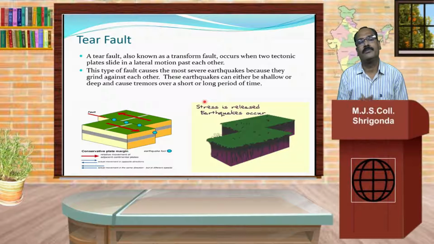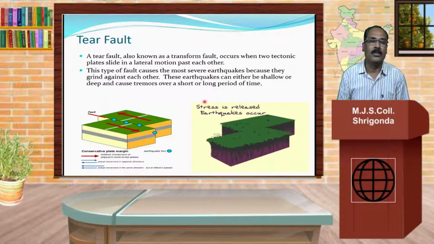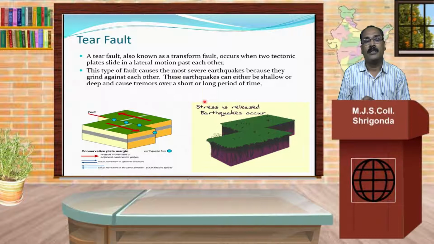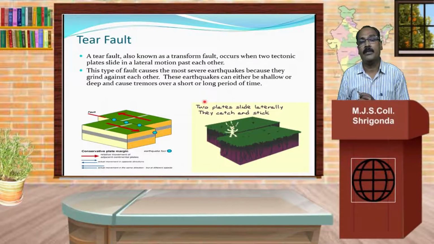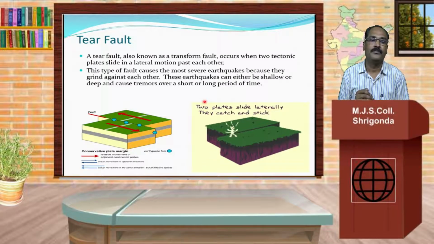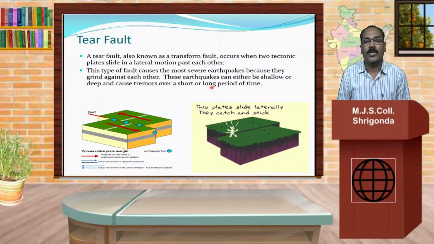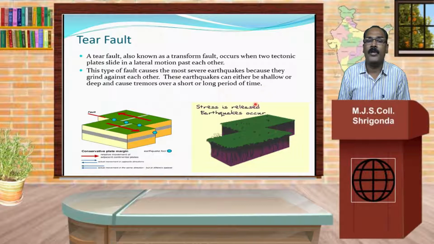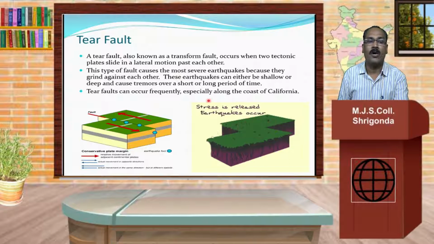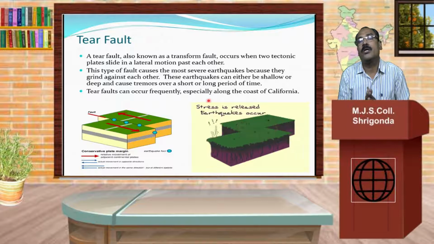These types of faults cause the most severe earthquakes because they grind against each other. These earthquakes can be either shallow or deep and cause tremors over short or long periods of time. Tear faults can occur frequently, especially along the coast of California.